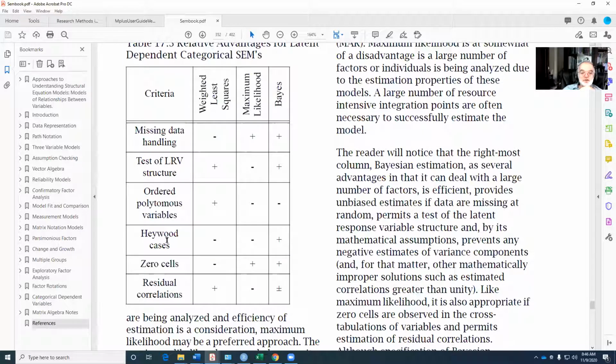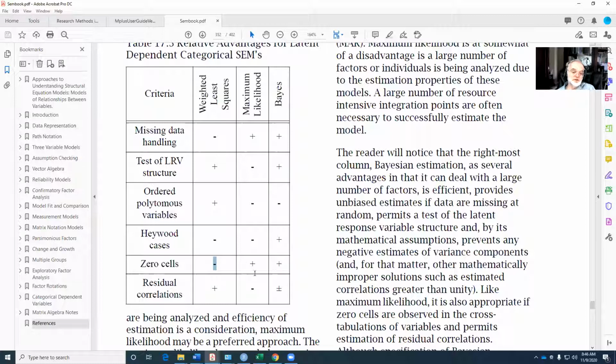These negatives for maximum likelihood and Bayes are not disqualifying things. It's just that it's going to take a little more computing. Being able to handle Heywood cases is really easy inside of Bayes, because Bayesian estimation will never allow an error variance to become less than 0. If you have 0 cells in your data, that's a big problem with weighted least squares, because you're going to get 1s, -1s, or 0s, depending on where those 0s fall.